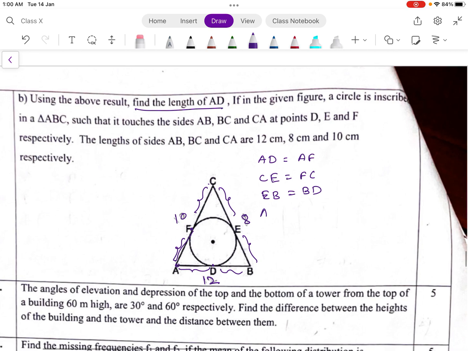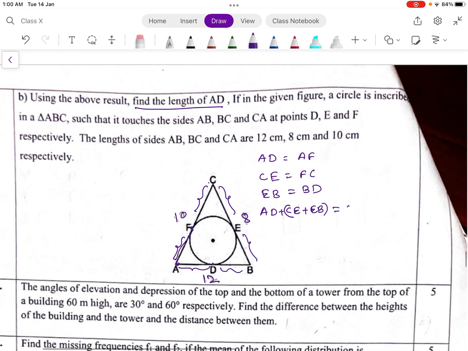When you write this, it is AD plus CE plus EB. Now if you see this together, CE plus EB is the total length 8. Likewise on the other side, AF plus FC plus BD.